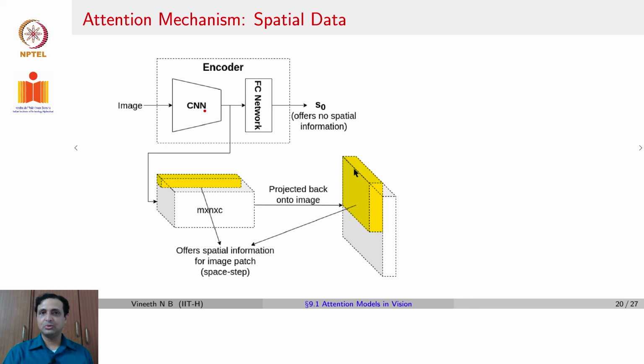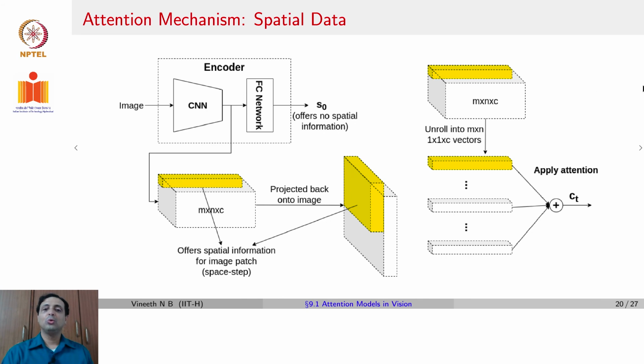Now this gives you spatial information. So what can we do? We take this feature map that we get at the output of a certain convolutional layer, we can unroll them into 1 cross 1 cross C vectors. So you ideally have M cross N cross C. So you can unroll this into M cross N different vectors, and then you can apply attention to get a context vector.